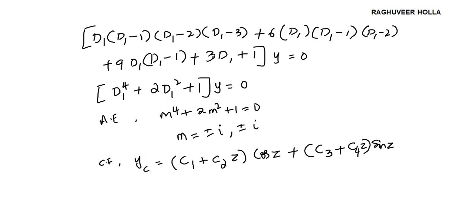So let us write in terms of x here. Let us write the final complementary function. Yc would be c1 plus c2 multiplied by z, which is log x, multiplied by cos of log x.